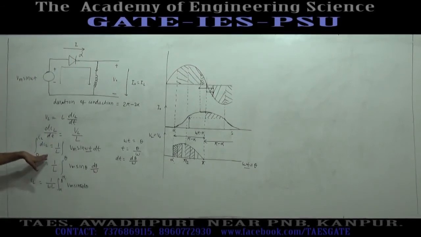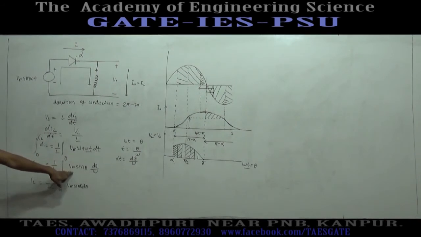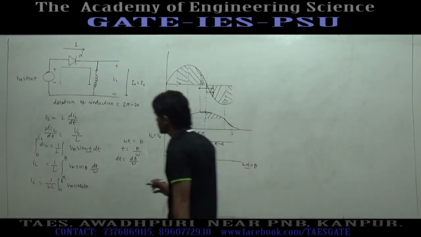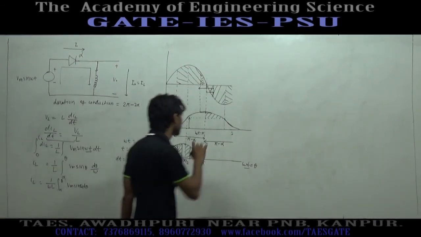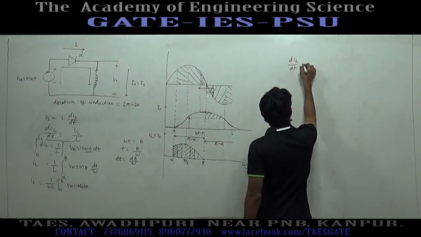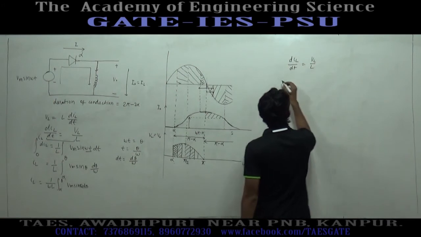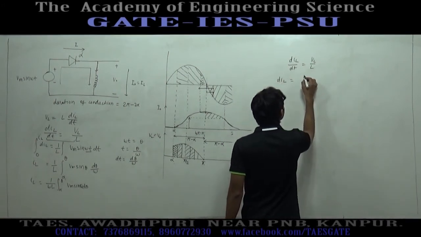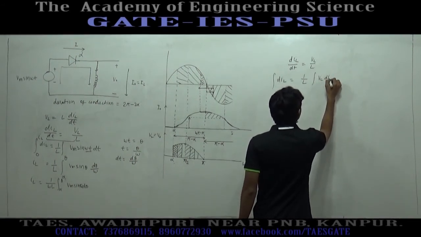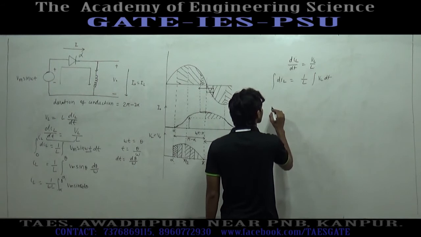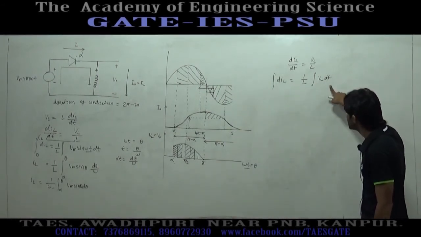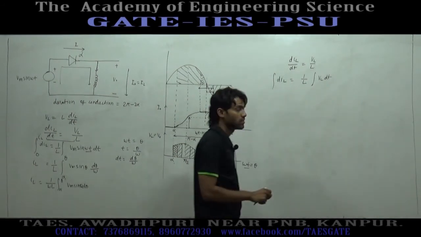Here we have calculated this integration in theta domain. We can also calculate this integration in time domain. If we proceed from here, dIL over dt is equal to VL by L, so dIL equals 1 by L times VL dt. If we want to integrate in time domain, we will have to put the limit of time.